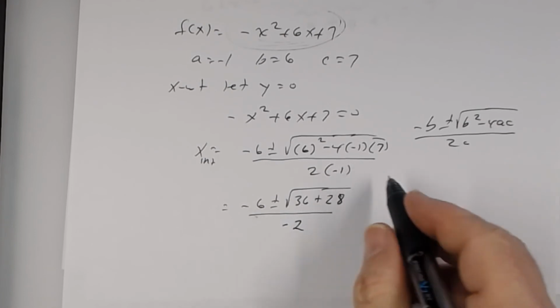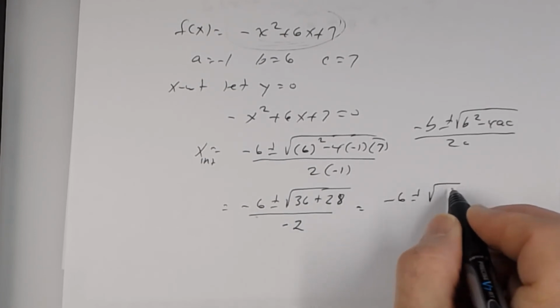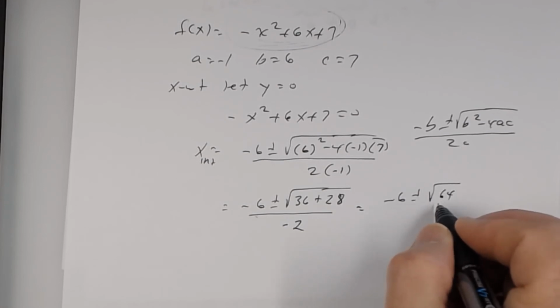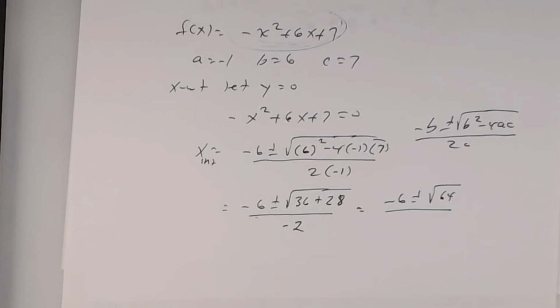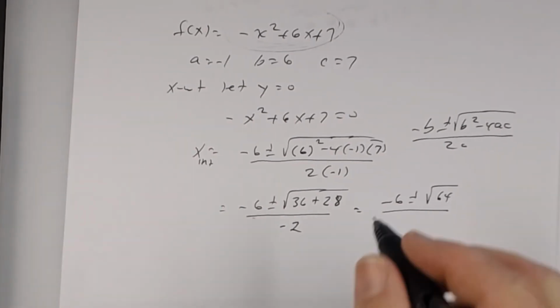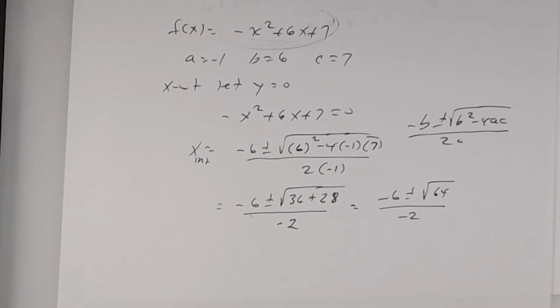Okay, what's 36 plus 28? Oh, 64? Oh, doggone it. I meant for it to not be. Okay, all right. Shoot. Okay. So the square root of 64 is what, though? 64 is a perfect square.